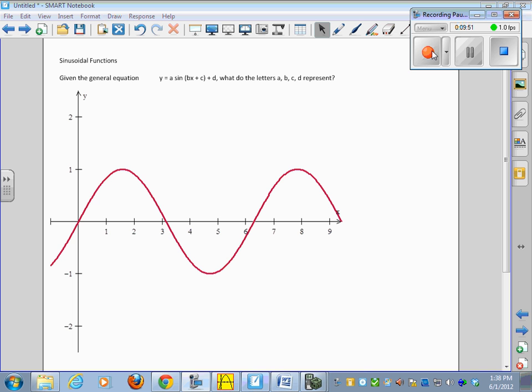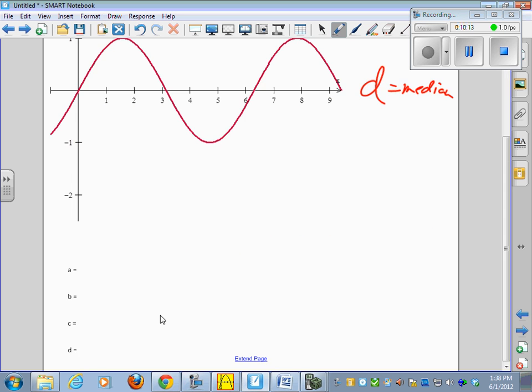All right. So the question is, given the general equation, y equals a sine bx plus c plus d, what do the letters A, B, C, and D represent? Now, you'll already remember that the D is equal to the median. D is the median, or the midline, I like to call it.